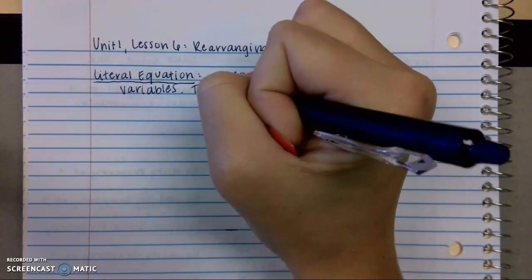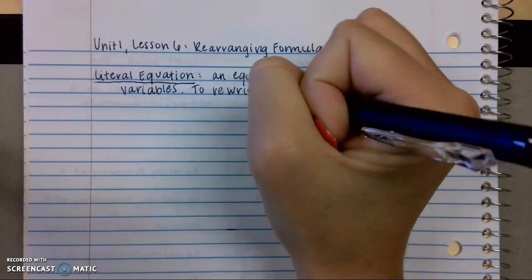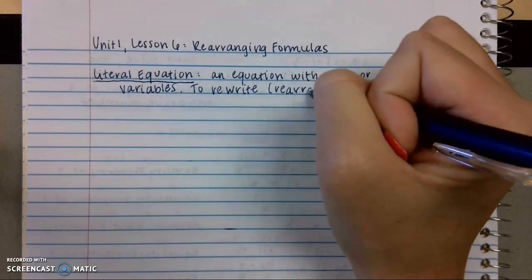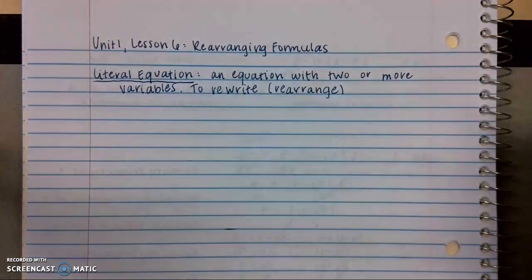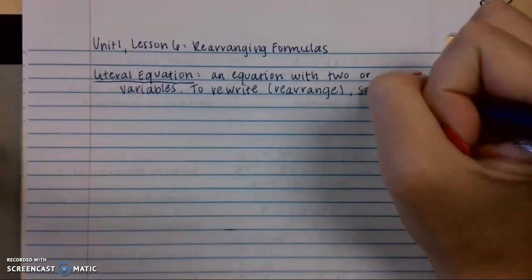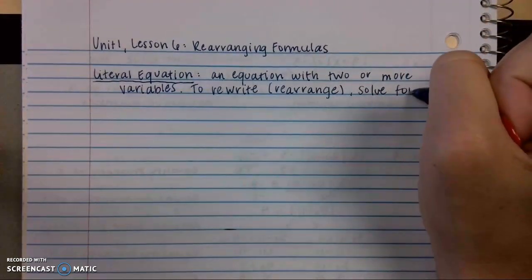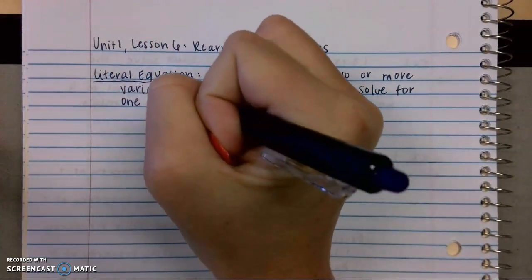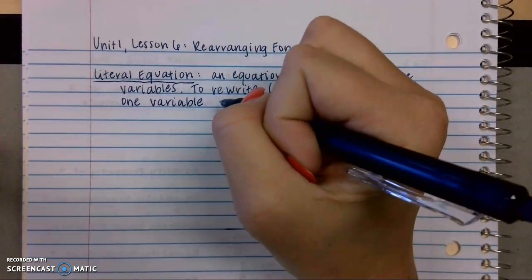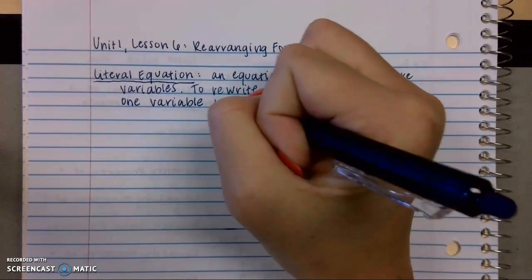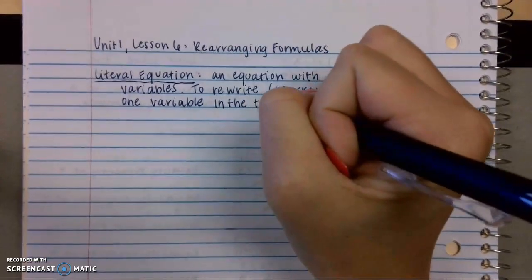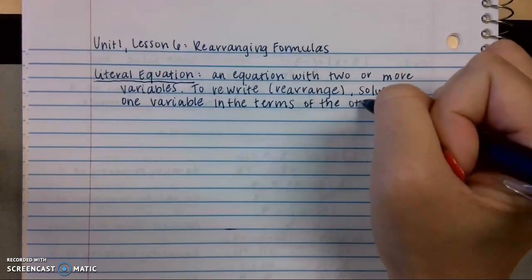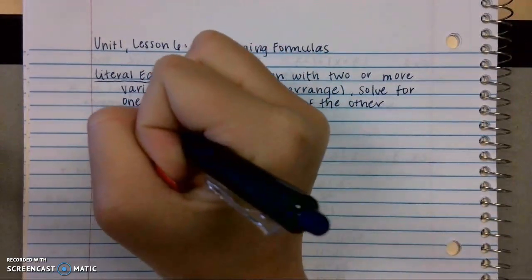To rewrite these, or what I'm going to probably use a lot more is rearrange, you solve for one variable in terms of the other variable or variables.